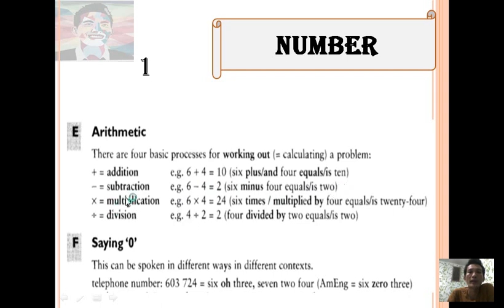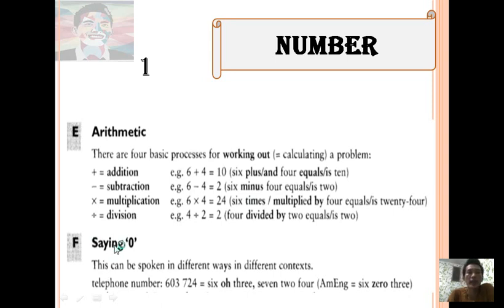For multiplication, 6 times 4 equals 24, or 6 multiplied by 4 is 24. For division, 4 divided by 2 equals 2, or 4 divided by 2 is 2. So you are able to use these.